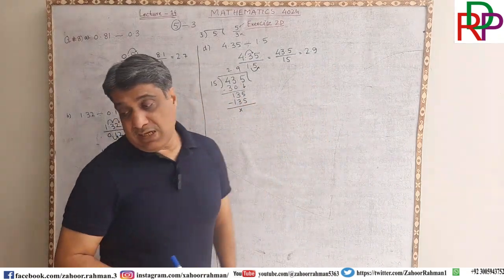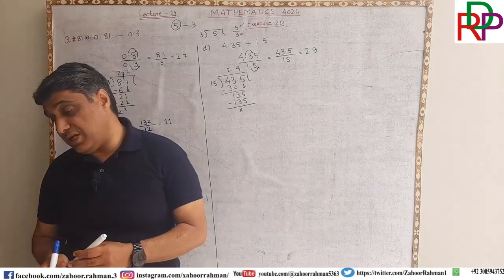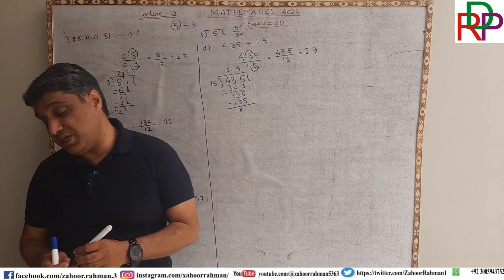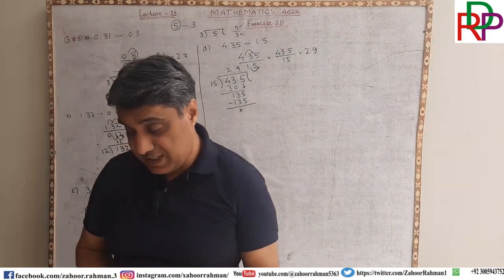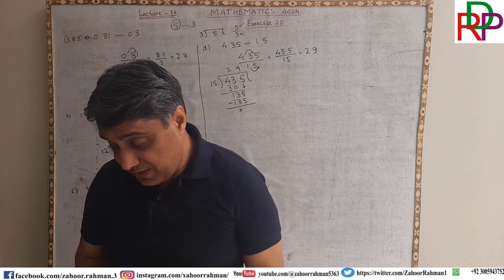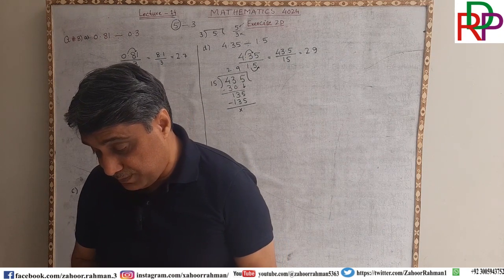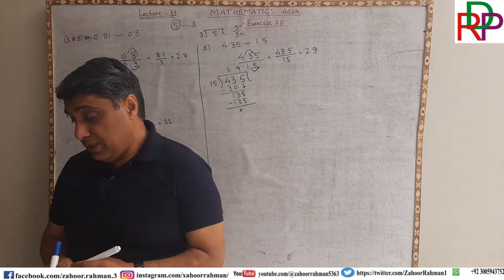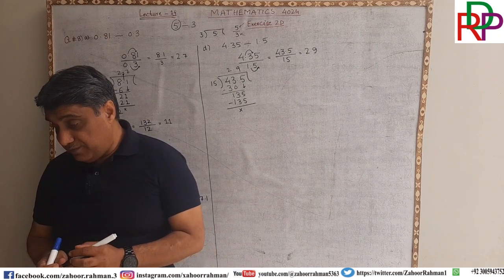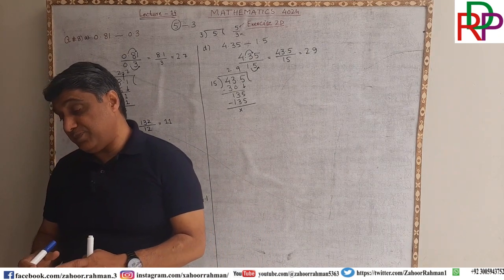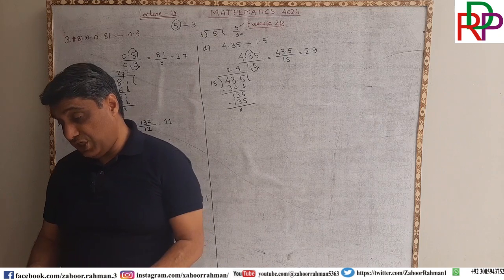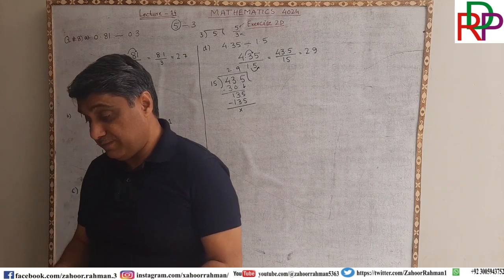Now ladies and gentlemen, we have to turn our focus to question number 9, and question number 9 is saying evaluate each of the following. Now we are going to deal with decimal number addition and subtraction.